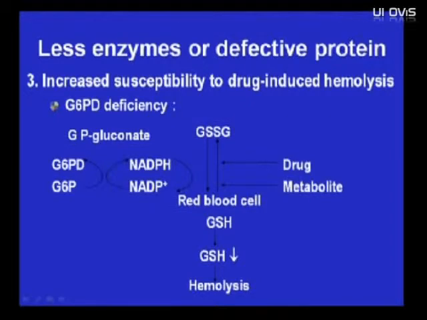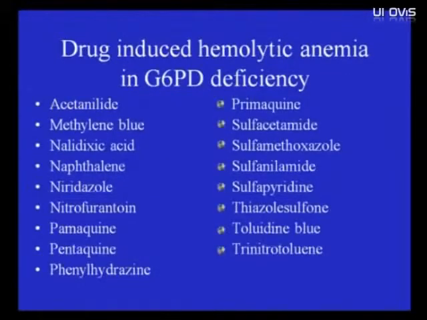The red blood cell membrane, which contains more oxidative protein, becomes rigid and can easily break up, which we see as hemolysis. Examples of the drugs are acetanilide, methylene blue, nalidixic acid, that is the urinary tract infection drug, naphthalene, nitrofurantoin, and then anti-malarial drugs like pamaquine, primaquine, and then sulfonamides like sulfacetamide, and so on.